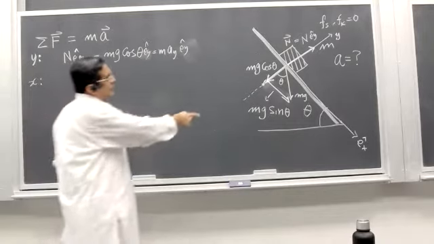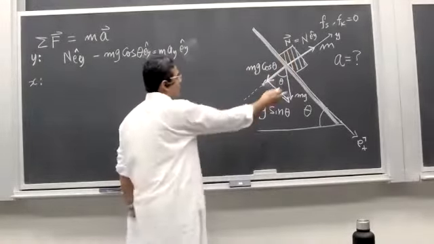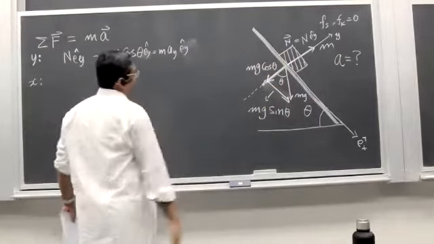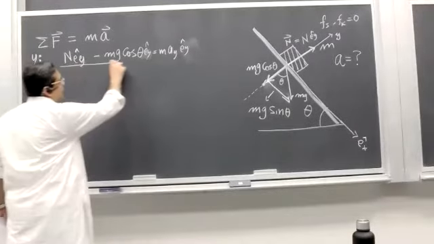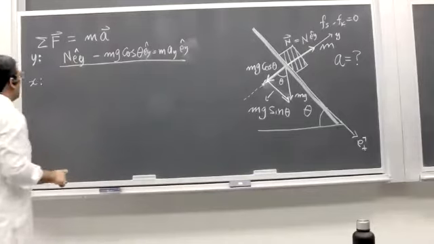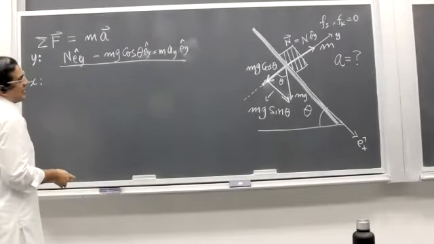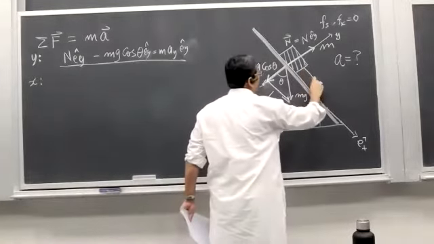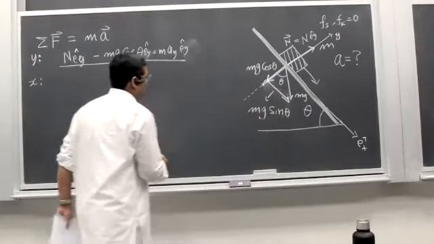So a_y, the acceleration in this direction, if we assume that it's sliding on this object and there are no bumps and there is no other force acting on this block, then the acceleration in the y direction is 0. We don't really need to solve this equation. Okay. And now the equation along x-axis, there is a positive force acting in this direction, and that is mg sine theta along the positive x-axis.